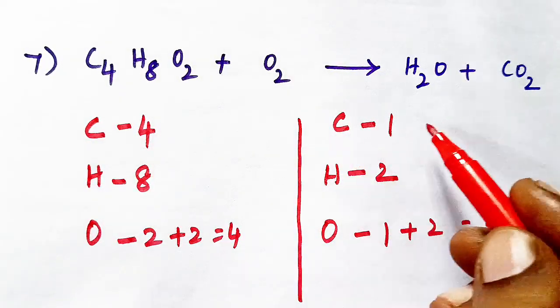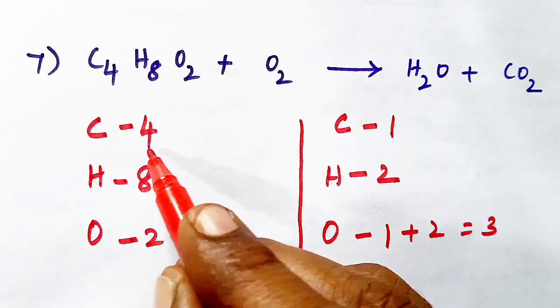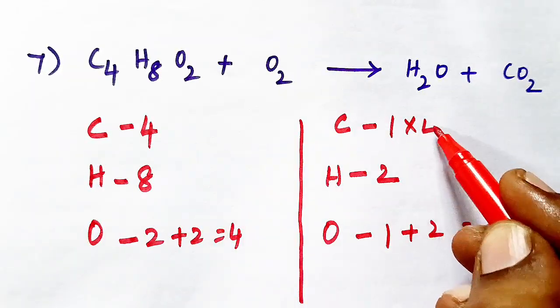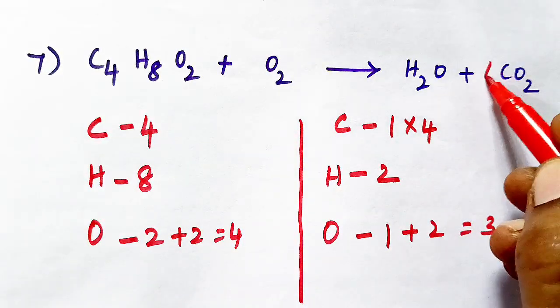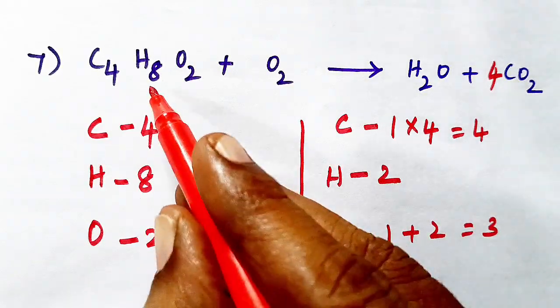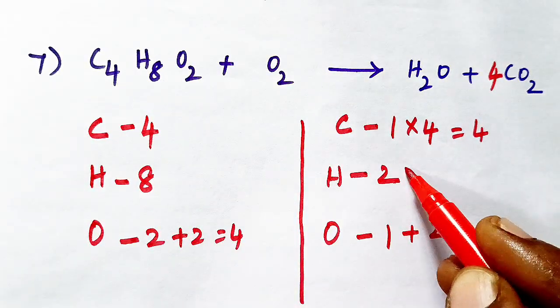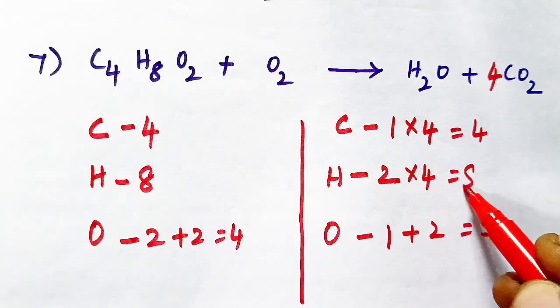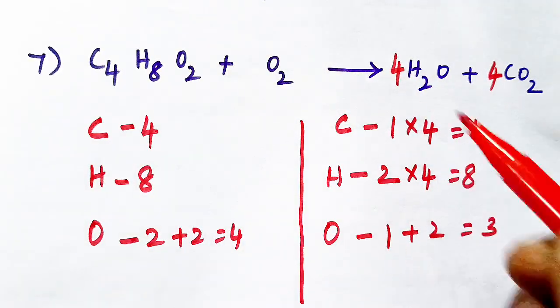First let's start with carbon. Here you have only 1, but on the other side you have 4 carbons, so just multiply by 4. Next hydrogen, here it is 8, but here it is only 2, so 2 4s are 8.